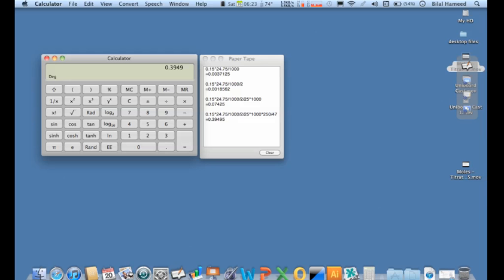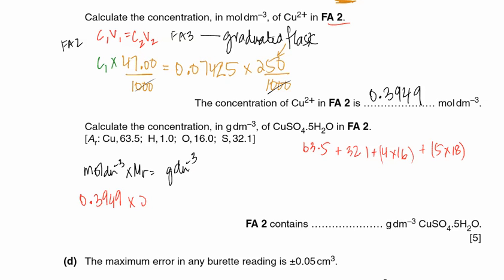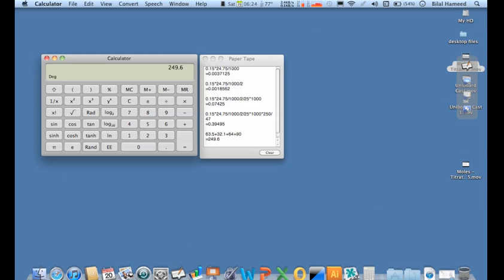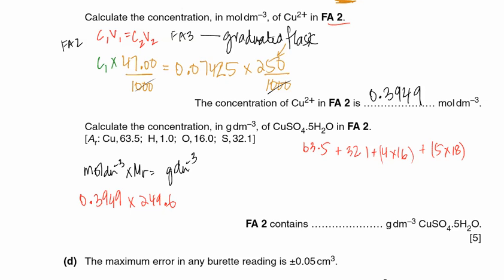So let's do that. 63.5 plus 32.1 plus 64 for oxygen plus 5 times 18 is 90. I get 249.6 is the Mr. So 0.3949 into 249.6, I get 98.6 to 3 significant figures. 98.6 grams per dm cube.